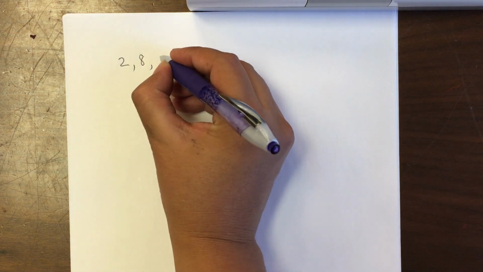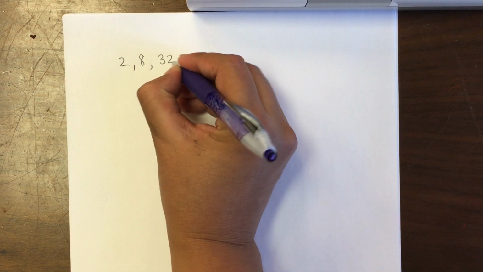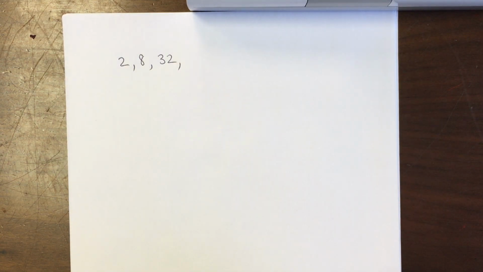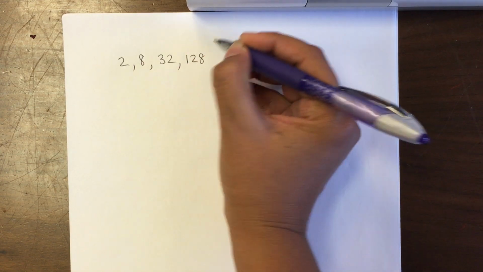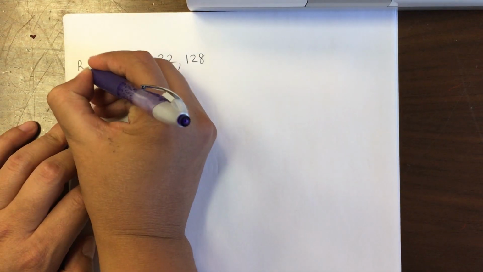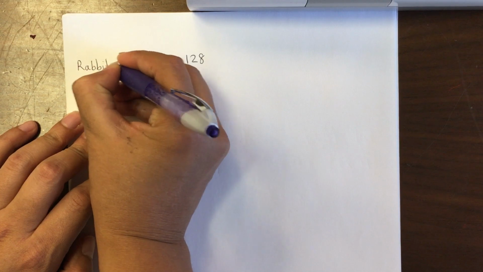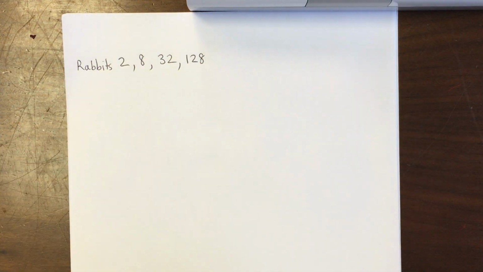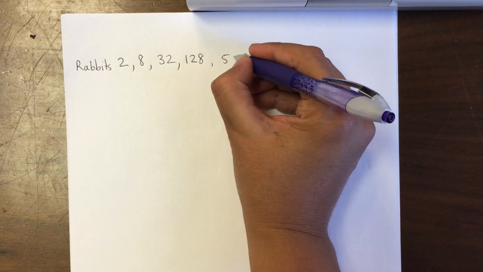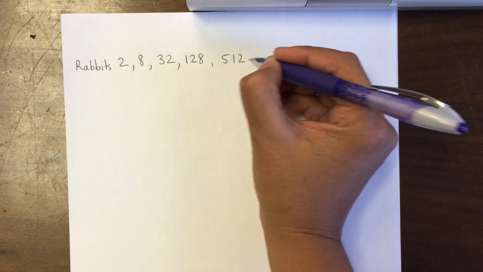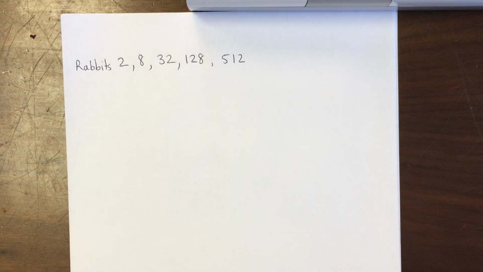In 2 months, you have 32 rabbits. Then you have 128 rabbits. Okay, and then you have 512 rabbits. So what's happening in here?